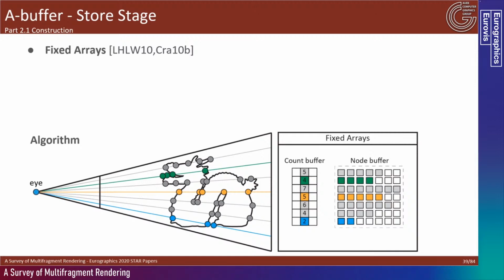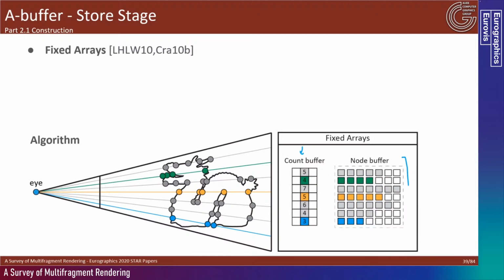A simple approach is the fixed array buffer. These techniques allow the storage of all fragments in fixed size per pixel arrays. These methods are usually implemented with the assistance of an additional count buffer. Compared to a linked list, there's no need to maintain node pointers, and fragments are stored in contiguous memory locations.